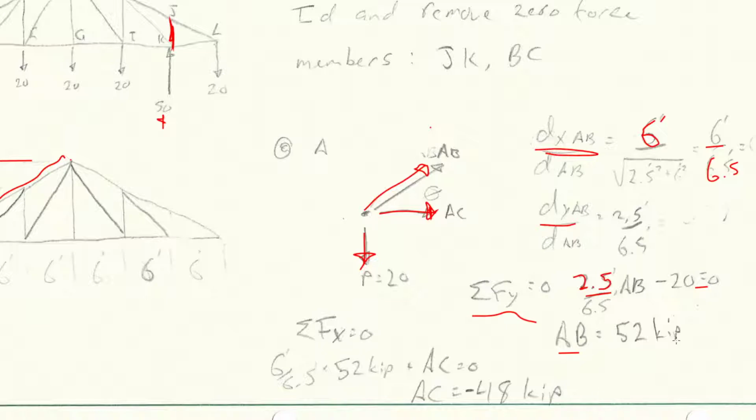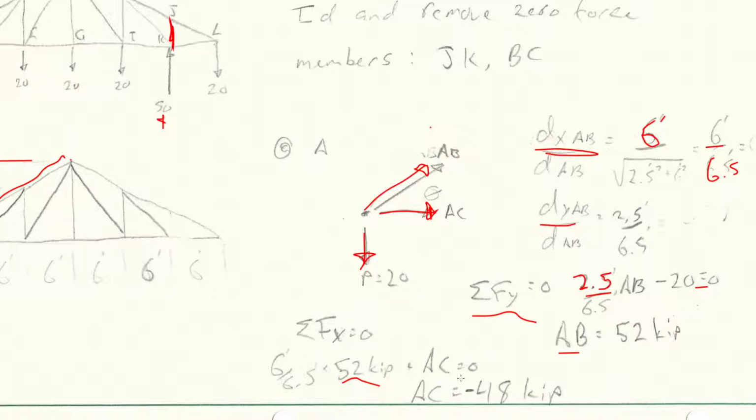And then we can move over to the x direction. Again, we'll have the 6 over 6.5 portion, that's the x component portion of our FAB, times what we calculated FAB as in the previous step, plus FAC equals 0.